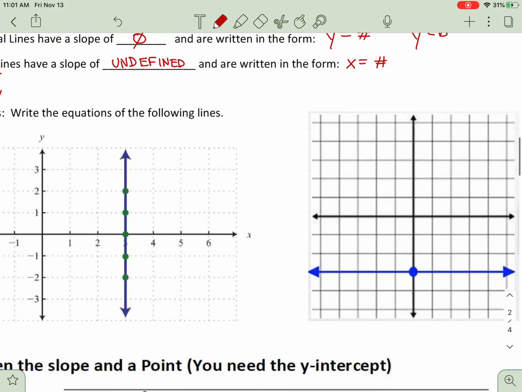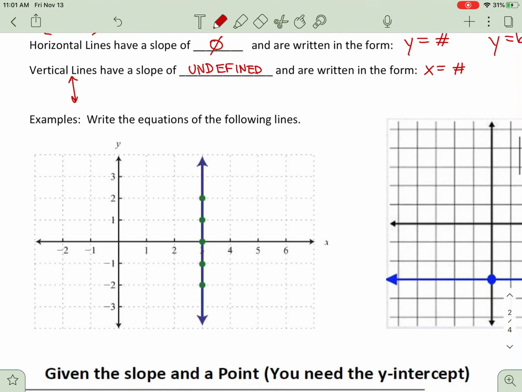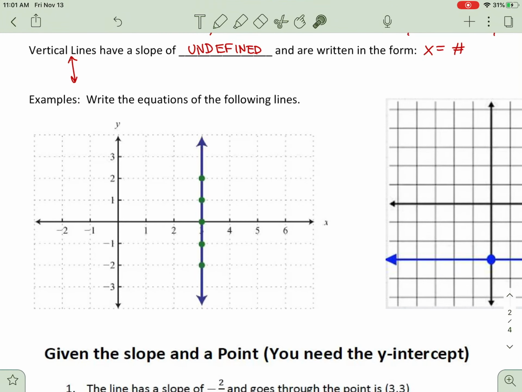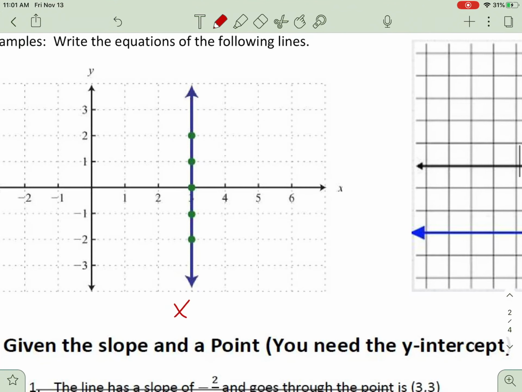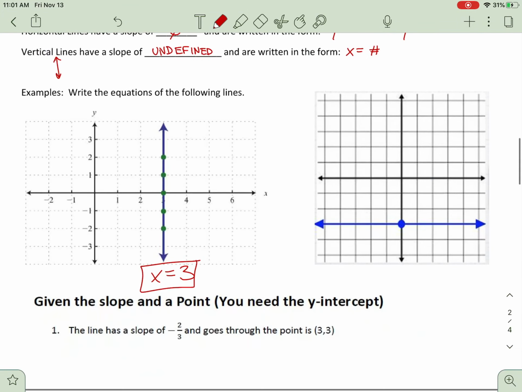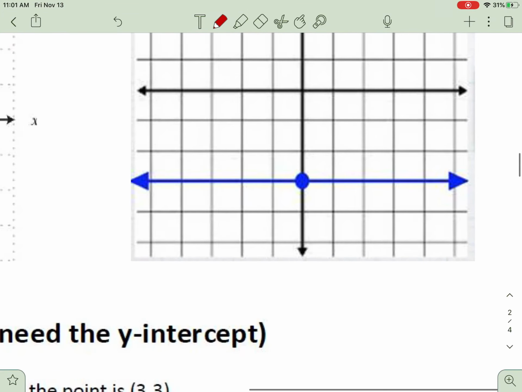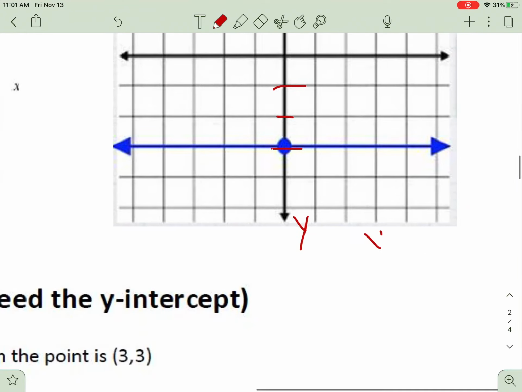So let's give an example here. This first one is a vertical line. It goes through x equals 3 on the x-axis. And that's exactly what our equation is going to be, x equals 3, because it's a vertical line. The horizontal line goes through the y-axis at 1, 2, 3. So this is y equals -3. Done.